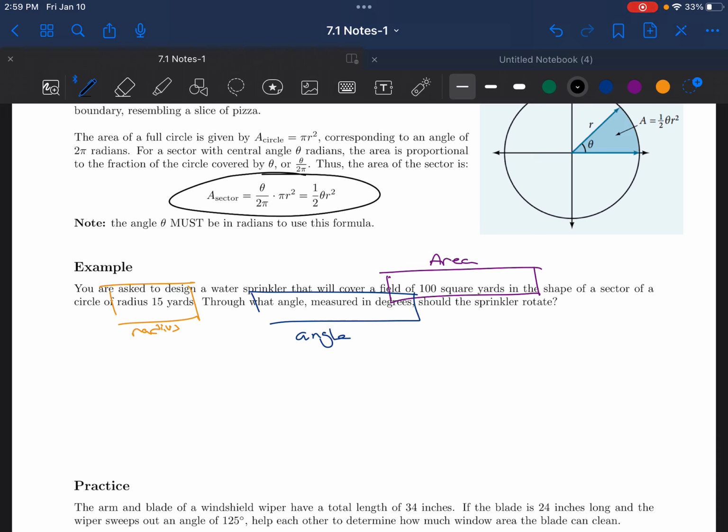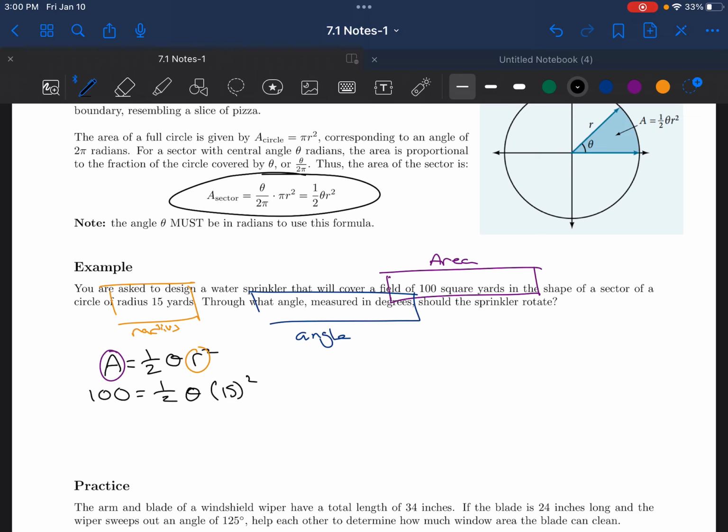So we know that the area is equal to 1/2 the angle times the radius squared. And like I said, we know what the area is and we know what the radius is, so we can plug those numbers in and we get 100 is equal to 1/2 the angle times 15 squared, 225.